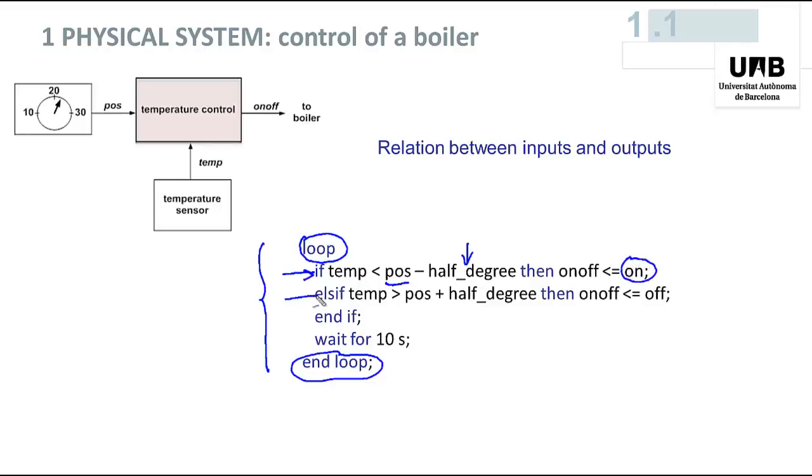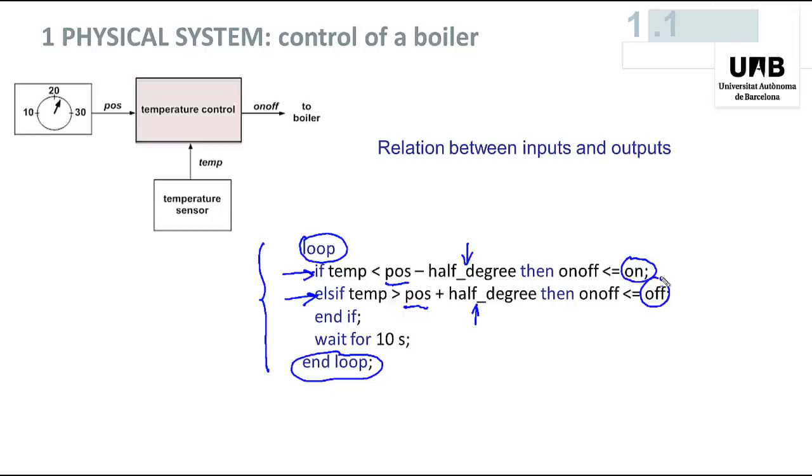A second rule: if the temperature is greater than the temperature defined by the position of the selector plus the same margin, then the boiler must get stopped and the output signal must be equal to off.